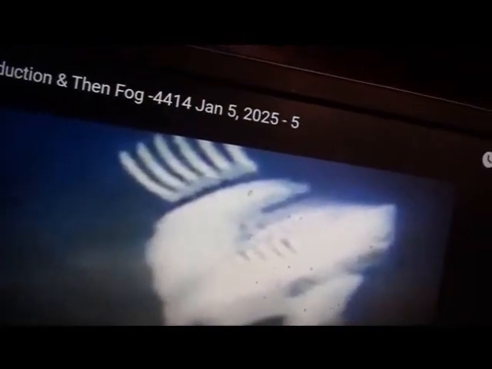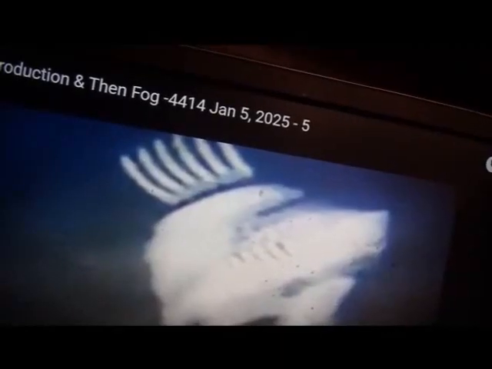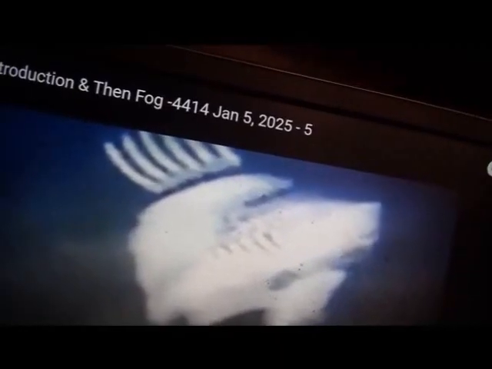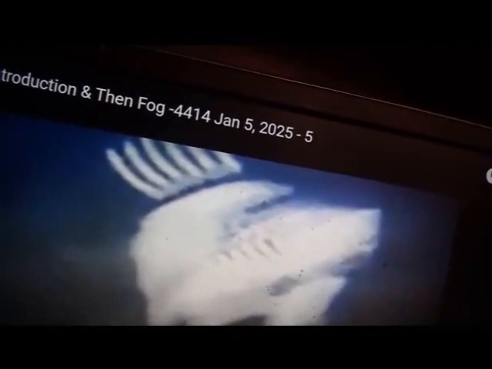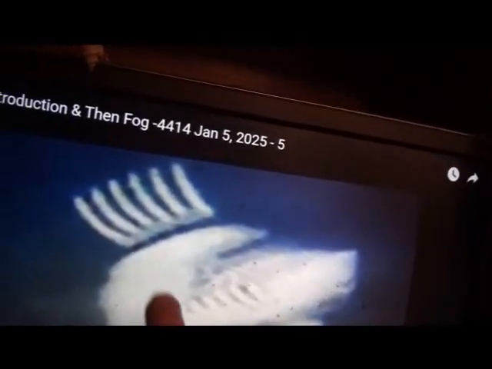Do you see? So the tail was the image to produce the rack of ribs. Okay. There's your tail.